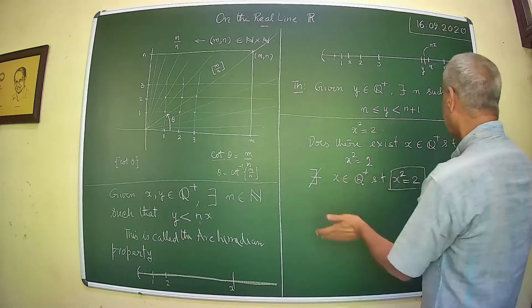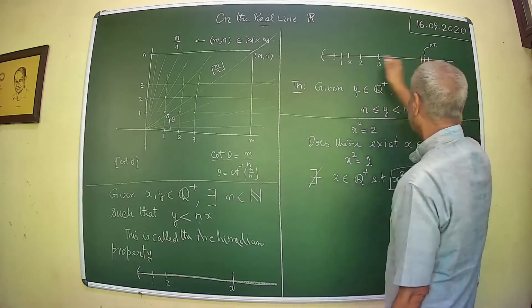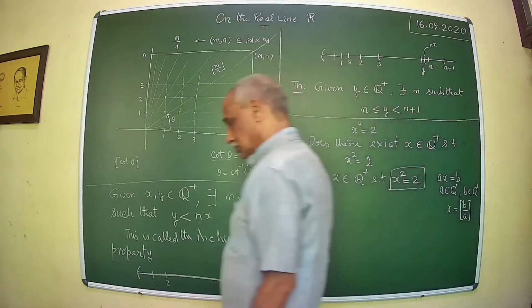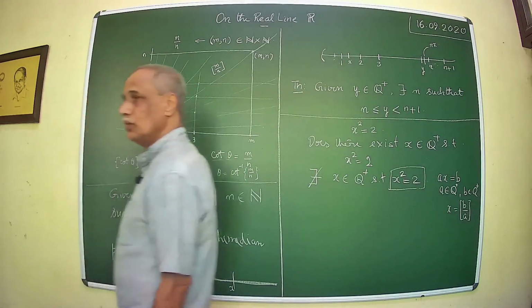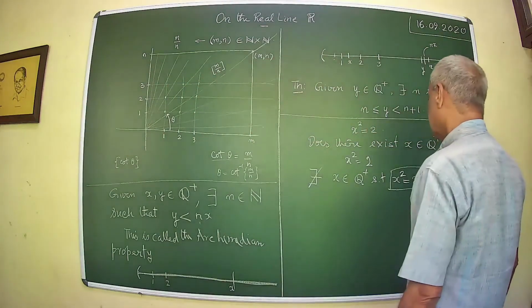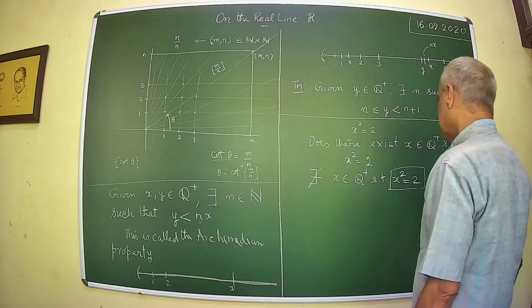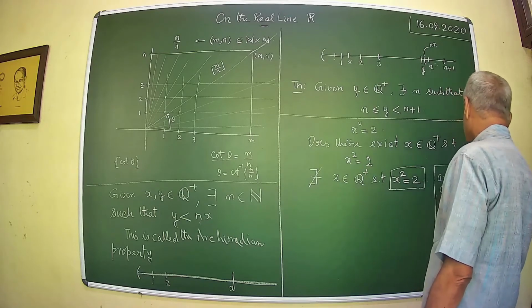So in fact there are so many points on this which are not accounted for as an element of Q plus. And therefore what we do is we go for further extension. Okay? Right? But this equation always has a solution.